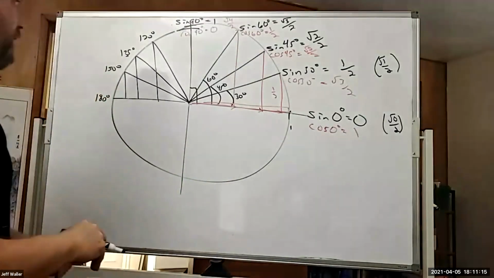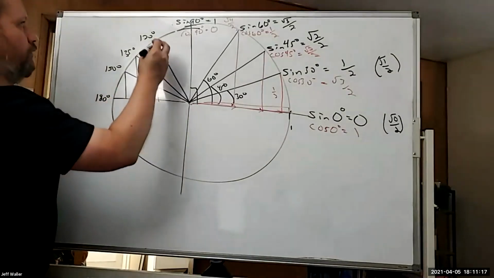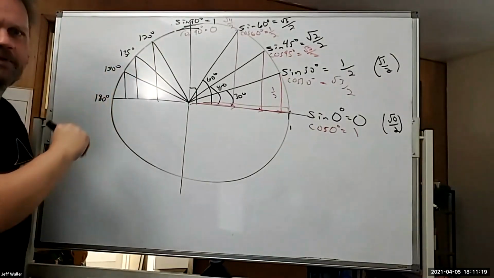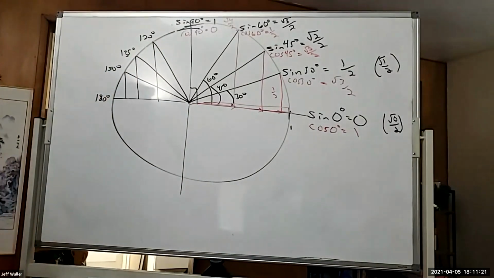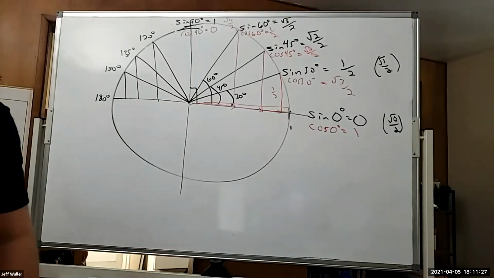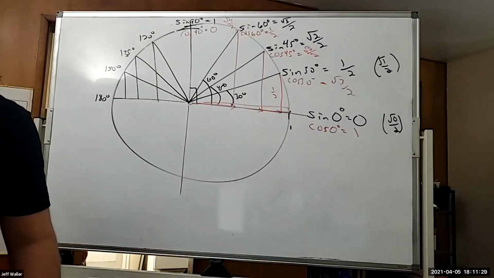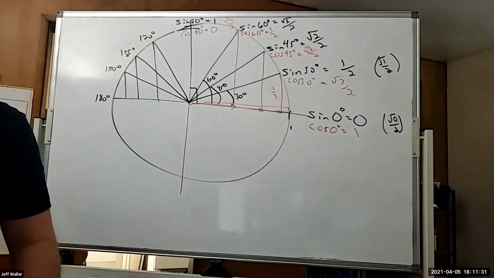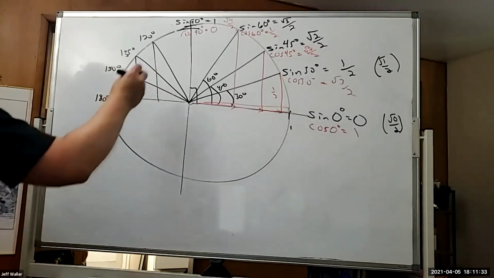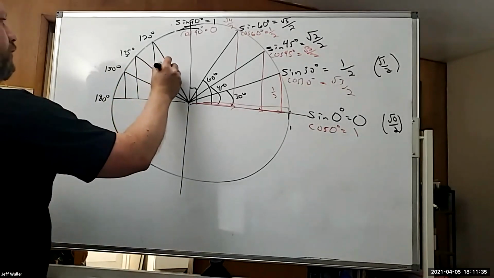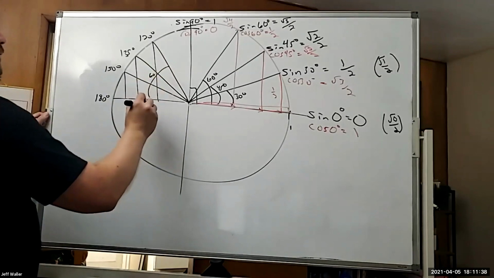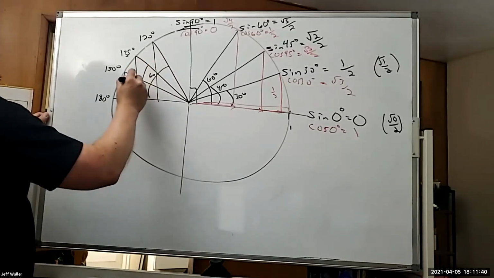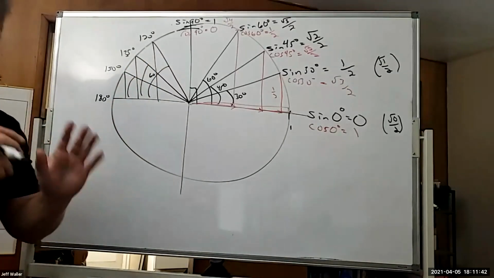What is the reference angle for 120 degrees? 60. Yes. So the reference angle for this is 60 degrees, and then the reference angle here is 45 and the reference angle here is 30. That's all they care about.